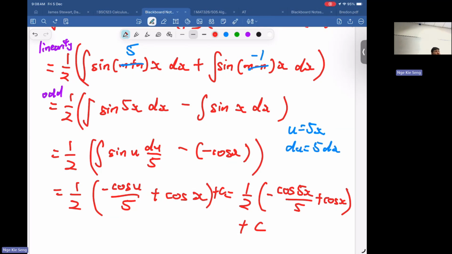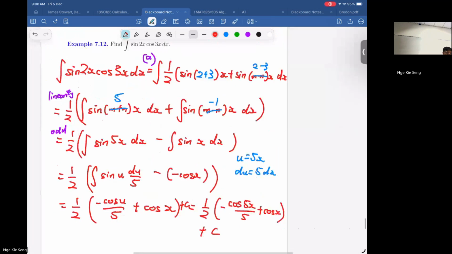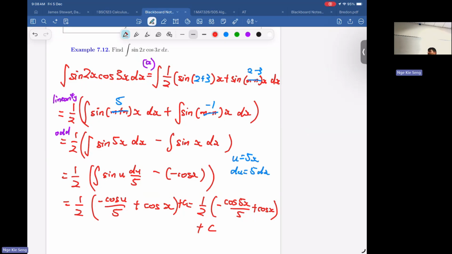Okay, so far, any question? The new stuff here is just the trig substitution. The rest is whatever we learned before. Any questions so far?